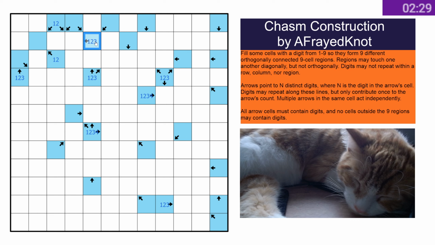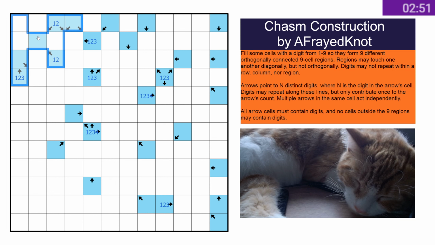So that might be interesting. If that's a 3, then it's not necessarily connected. But if this were connected, then 2, 3, 4, 5. But that looks like that could be a region, probably.